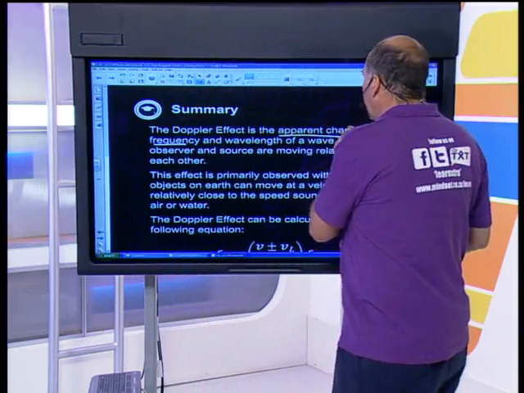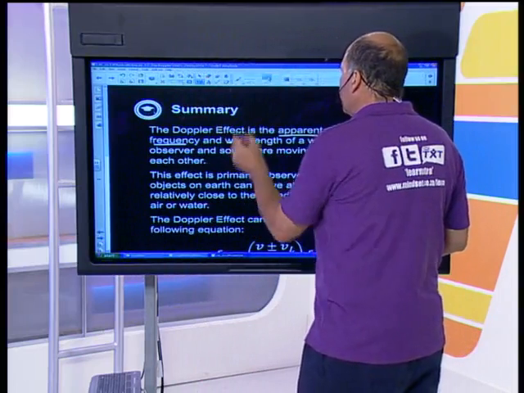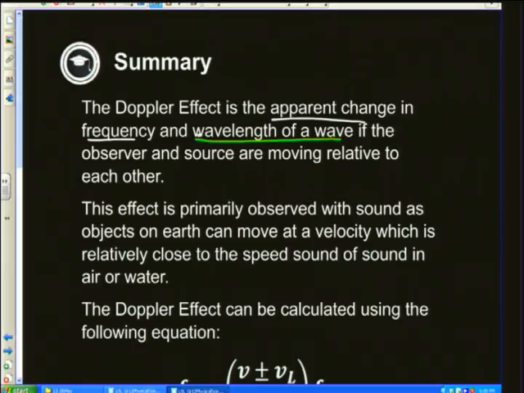It doesn't only have to be sound, they will appear to see something different or hear something different. They will appear to hear a change in frequency, which can also be reported as a change in wavelength, if the observer and the source are moving relative to each other.